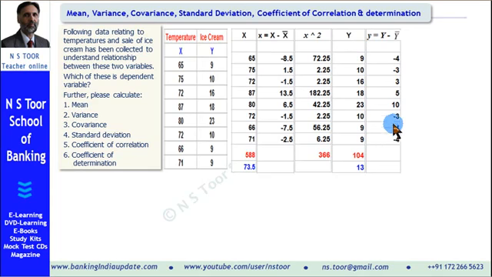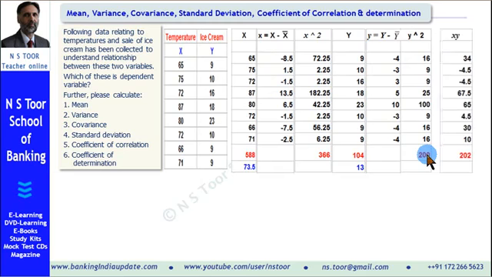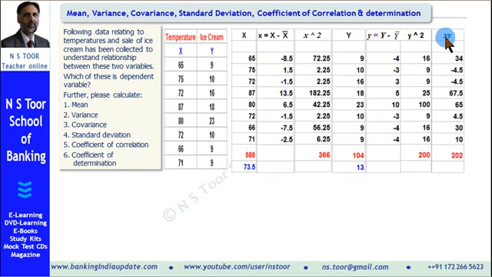We calculated the deviations as we had calculated in respect of X. Then y square, and then we add it up. And finally, we shall calculate value of xy. This is x, this is y, means minus 8.5 multiplied by minus 4, we get the value 34 positive, and so on. And finally, we also find total of this.